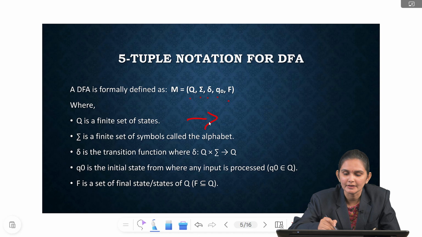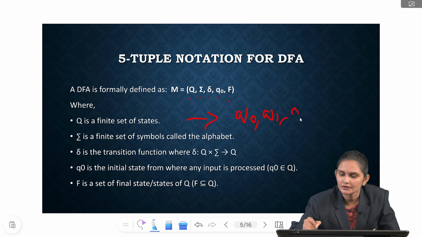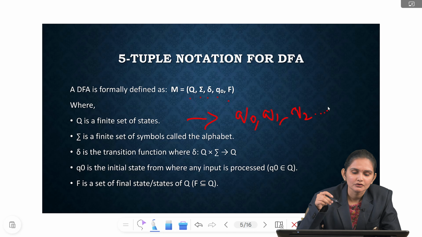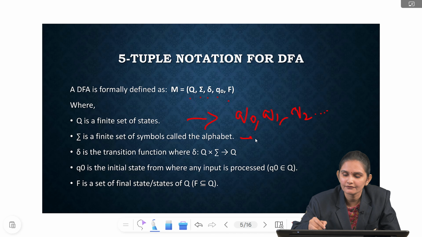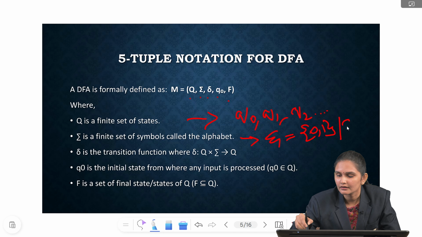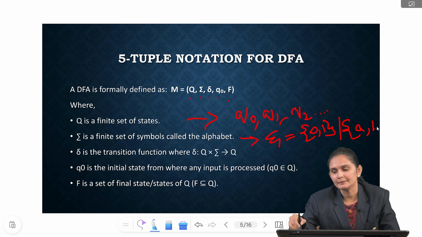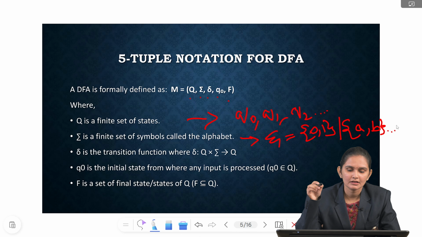The states could be q0, q1, q2, etc. Sigma, in finite automata, is called the alphabet. This alphabet consists of a few input symbols such as Σ equal to {0, 1} or {a, b}, etc.